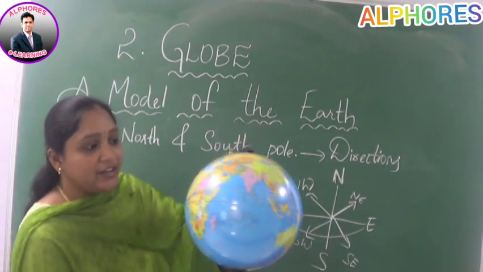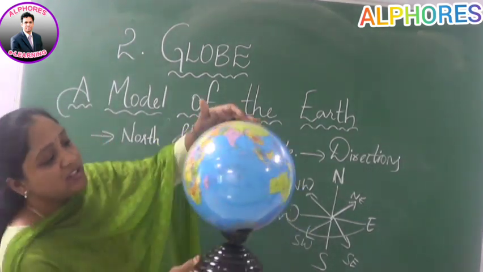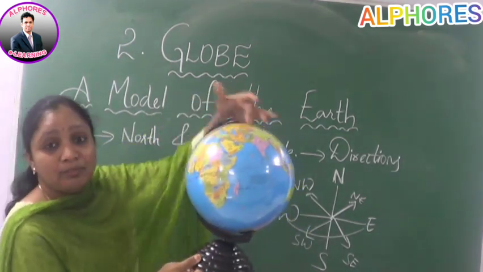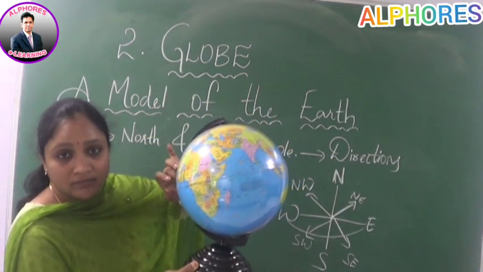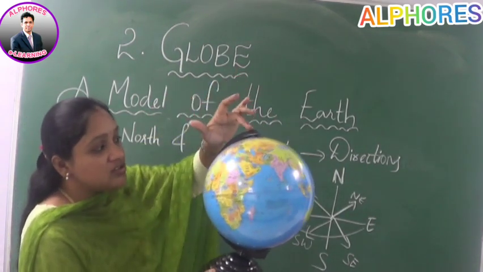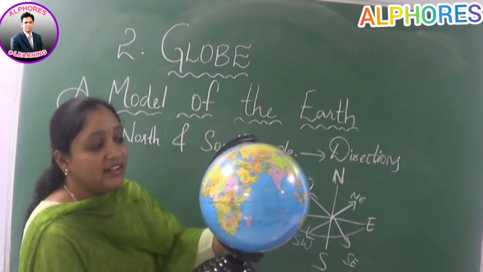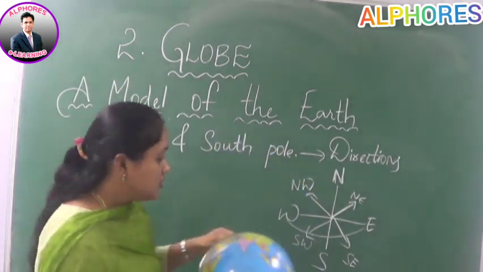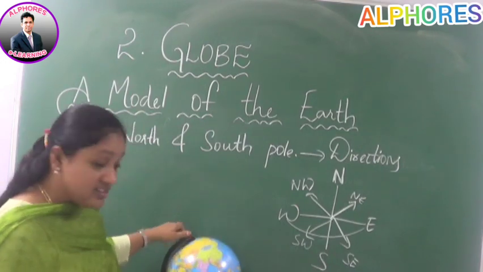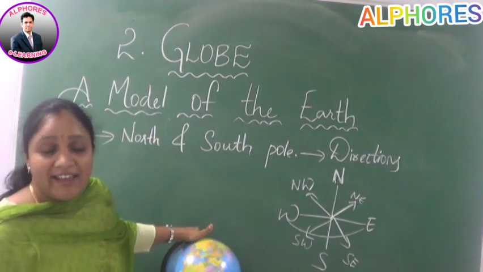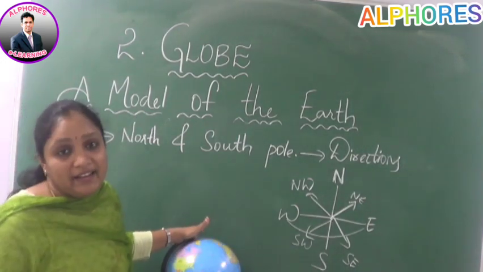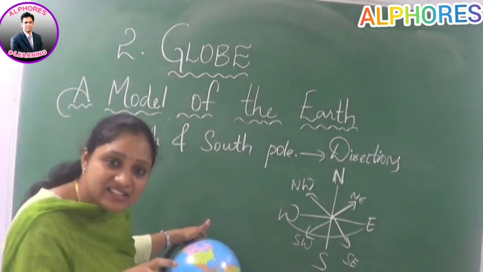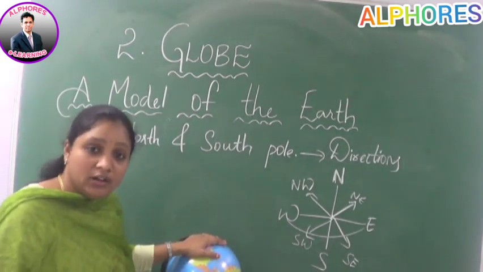As it is tilted, you can see the position, it bends towards one side, right? Because of this axis line, it rotates and revolves. So this imaginary axis line also helps us to locate or analyze an area easily on the globe.